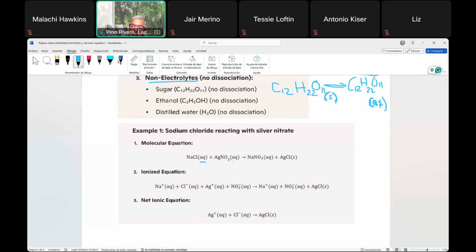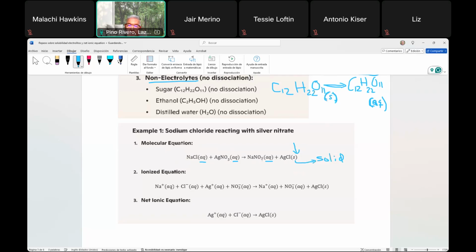Silver nitrate is soluble in water, then both are soluble. Sodium nitrate is soluble, but look at this. Silver chloride is non-soluble. Then we write as a solid. That's what we write, the S.